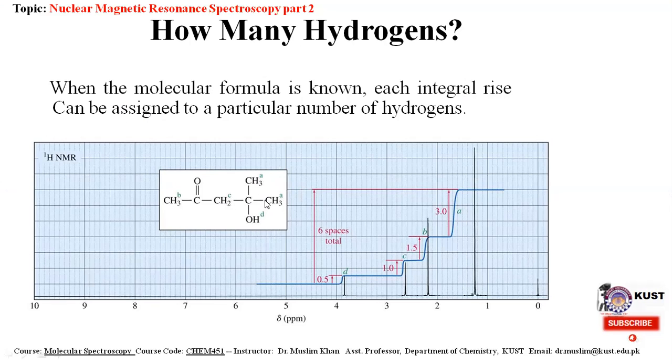So for these protons the environment is the same. That's why it is assigned A, while this proton is directly attached to the oxygen atom. So the environment of this is different. That's why it is denoted by D. While this is different, this is B and this is C.